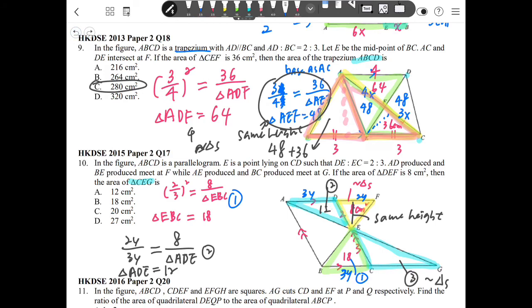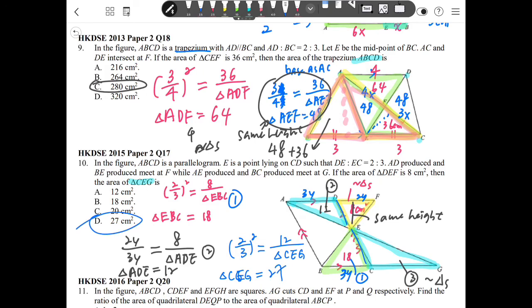So we have got the length ratio 2 to 3, right? Then it means 2 to 3, squared, for the similar triangle. Then we have 12 divided by the blue one, then it means CEG. Then in the calculator, CEG means 27. Then the answer is D.